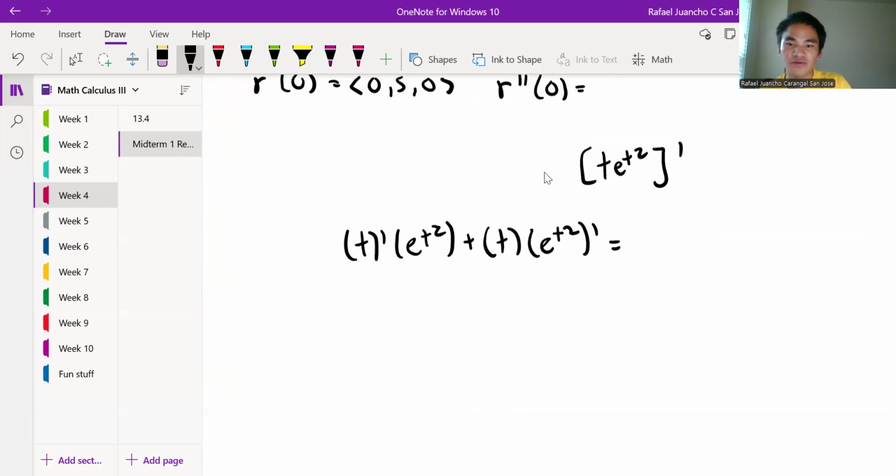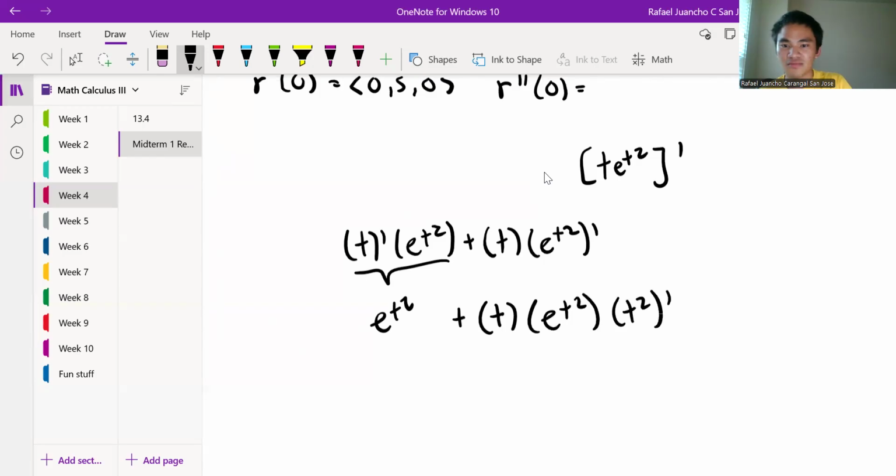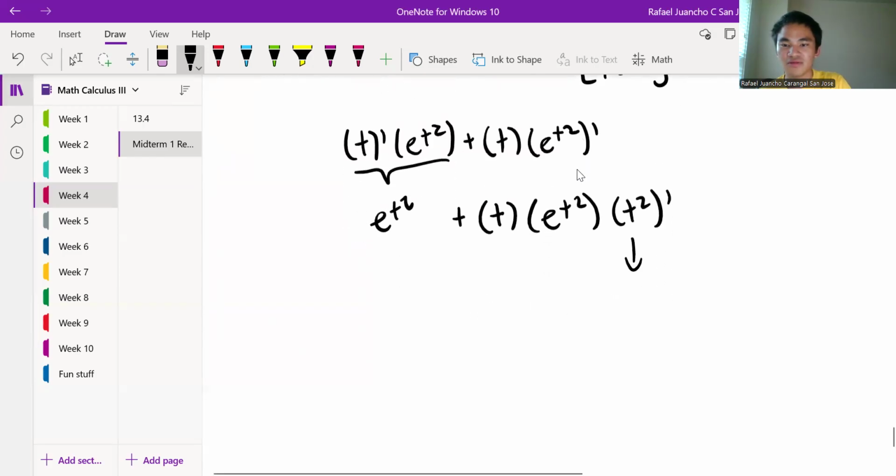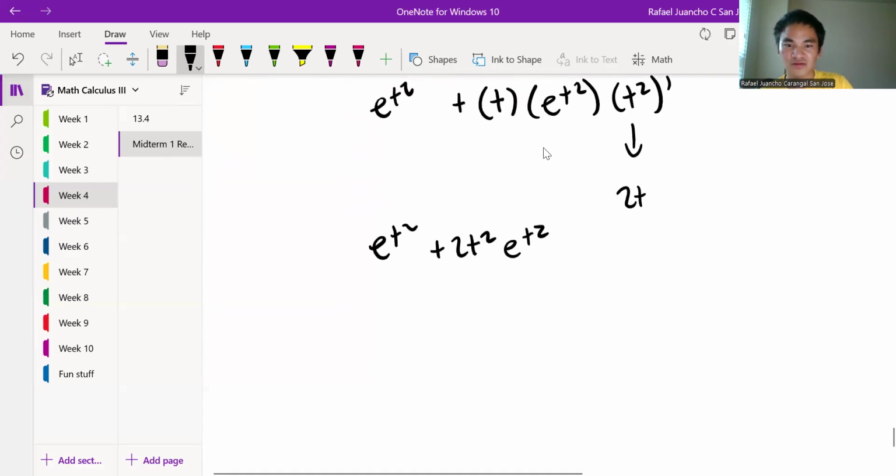Okay, this is going to be e^(t squared), times the derivative of t, which is 1. And then the same thing times the chain rule, and this is going to be 2t. And there we have it. So we have e^(t squared) plus 2t squared e^(t squared), because we multiply that too. e^(t squared), I can factor out.